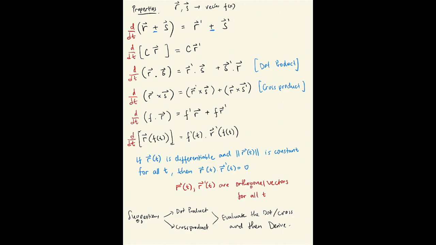It's chain rule. So C is a constant, F is a function. I write all the property, but my suggestion is for dot and cross, don't use this. Just dot and cross the value first and then derive.